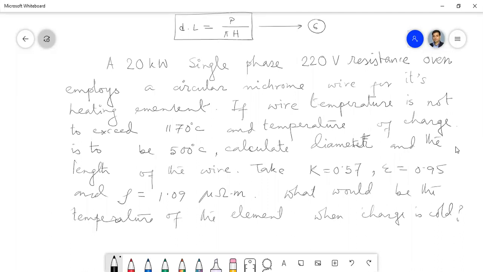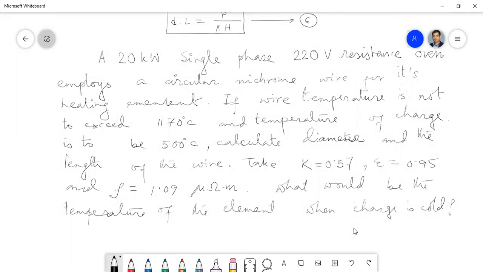So this is the question. Can you tell me what you mean by charge? Sir, the element which is... No, it's not the heating element.